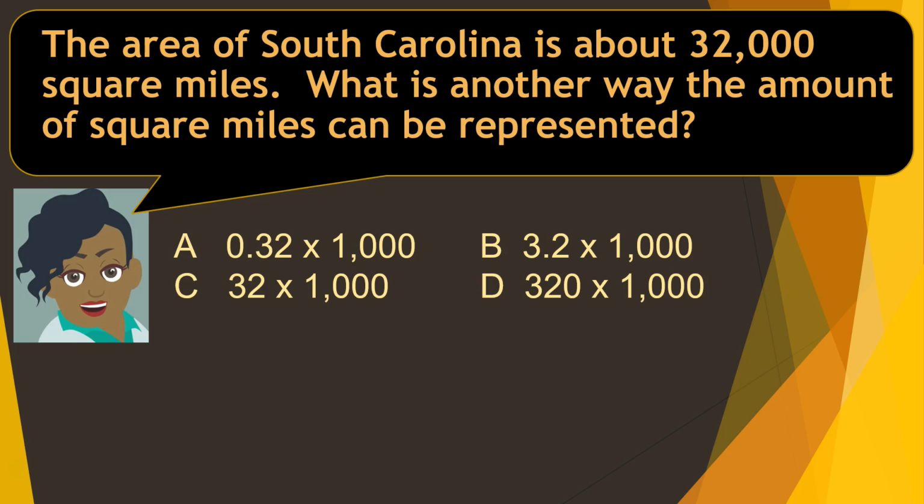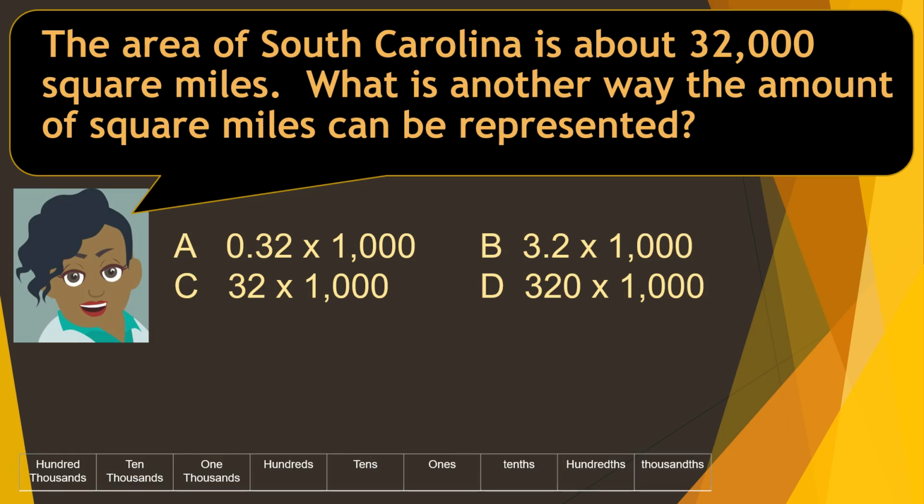When we move one place left, the number is 10 times greater. 2 places left is 10 times 10 or 100 times greater, and 3 places left is 10 times 10 times 10, which is 1,000 times greater. So for all of these answer choices, we will need to move 3 places left.